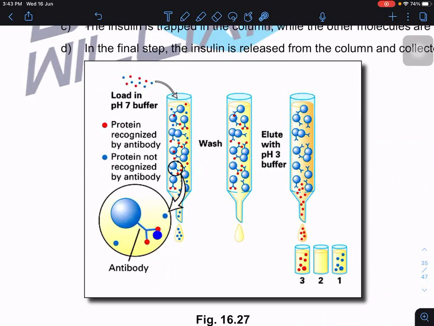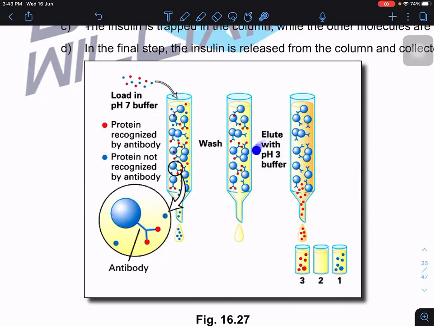This antibody can bind with the insulin, so we just pour the mixture in. When the mixture passes through, the insulin will bind to the antibody, and the rest of the protein will be released out from the column. Then we wash away all the impurities, and we change the pH, because the binding ability of the insulin to the antibody depends on the pH.